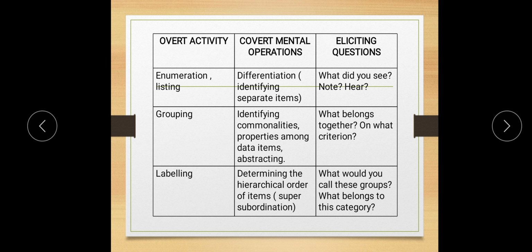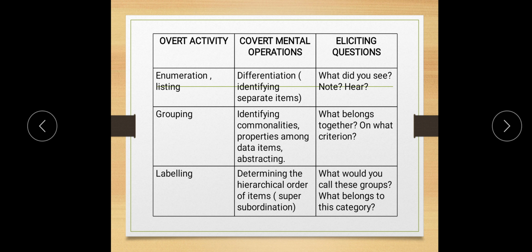But in the second stage, that is grouping, they are actually grouping them. And while grouping them, they are focusing more on the criteria or the commonalities which will help them differentiate them properly. Because even if they are talking about domestic and wild animals, even while doing that particular overt activity, there will be one or two animals which they will be confused about, or about whom they won't have proper information.